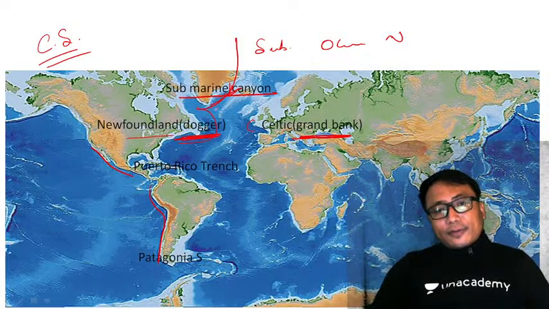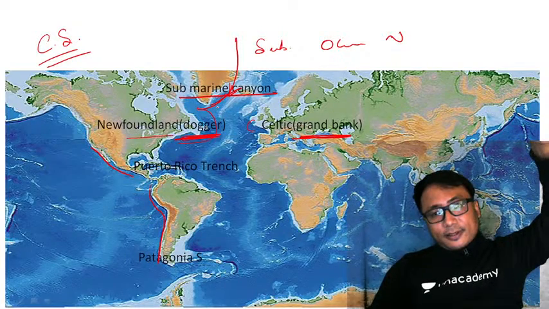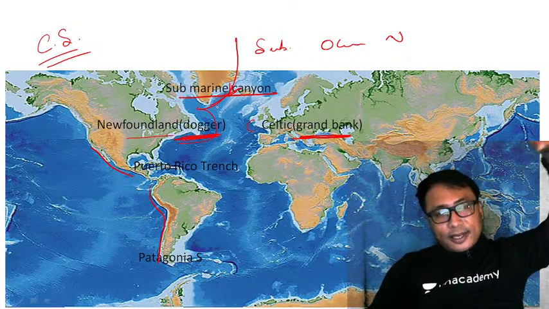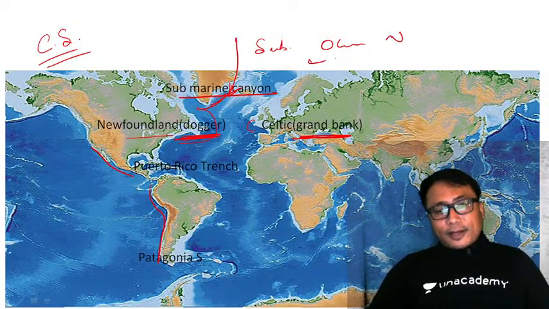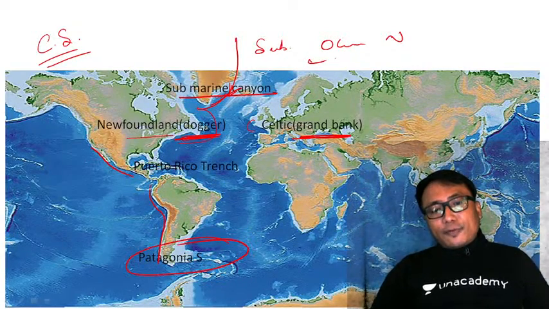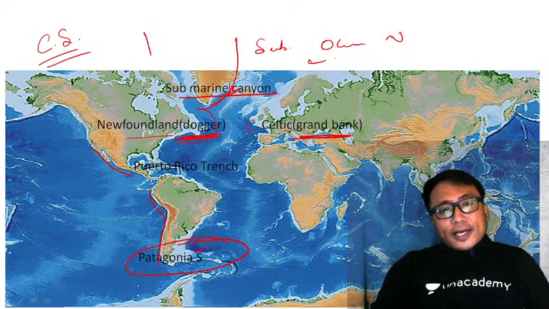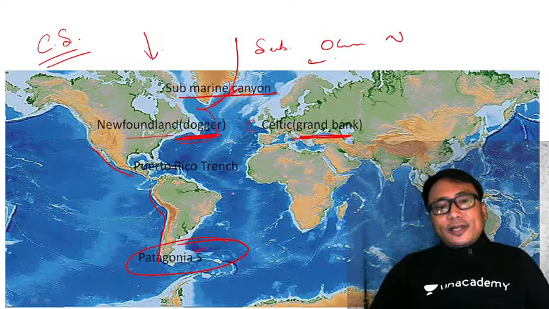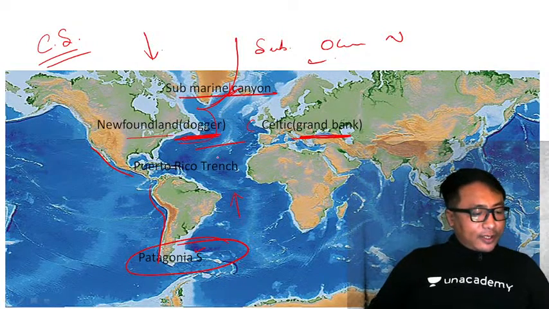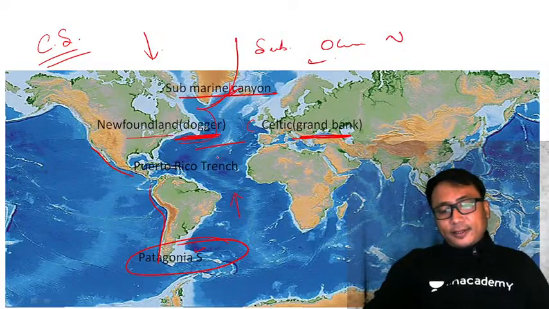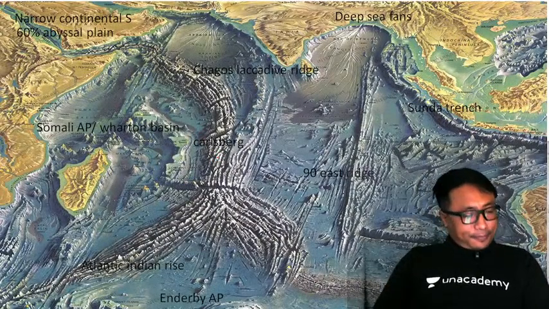If you lay it down in a submarine canyon, and there is an underwater landslide, it will destroy this also. Now, an extensive Patagonian shelf you will find in the southern hemisphere also. So one of the important characteristics or prominent features in the Atlantic Ocean is the presence of wide and extensive continental shelf. Clear?